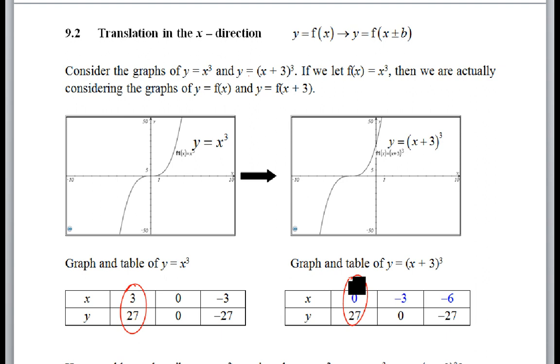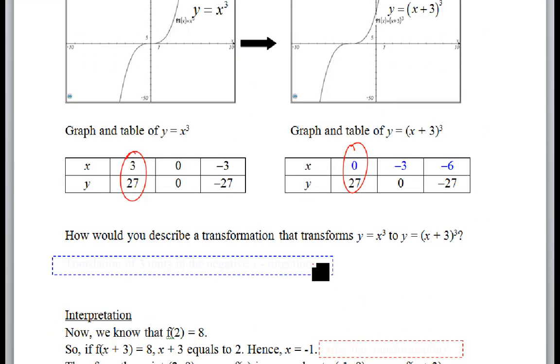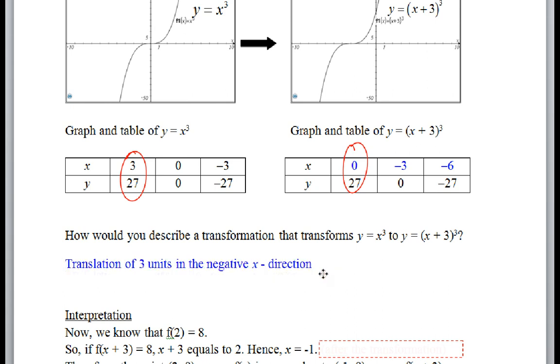So, when I replace x with x plus 3, it is actually a translation in the negative x. Translation 3 units in the negative x direction.